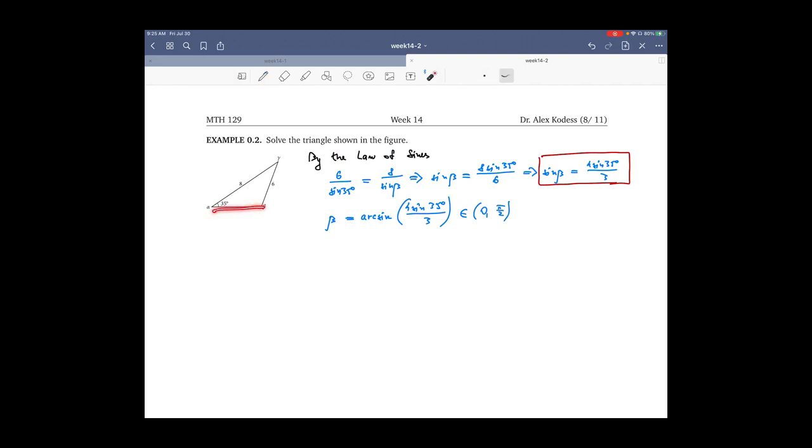However, we see from the picture that beta appears to be an obtuse angle. So in fact, beta is not that number.